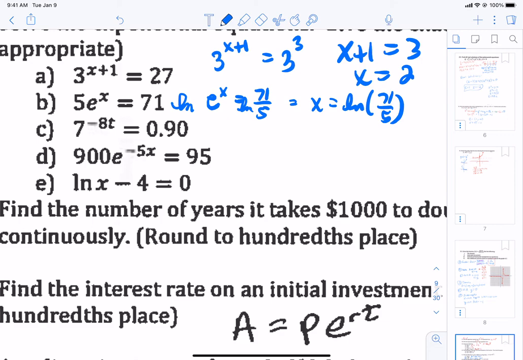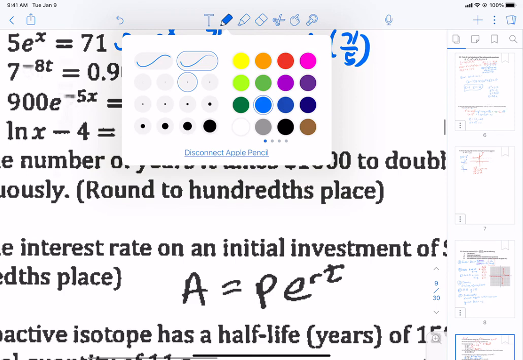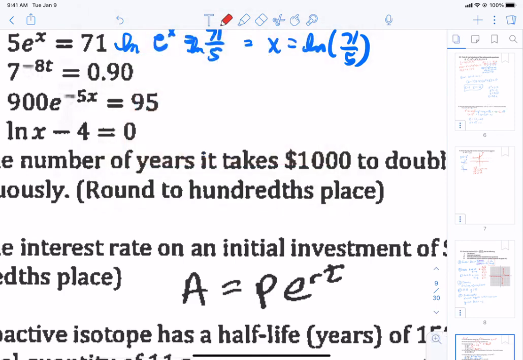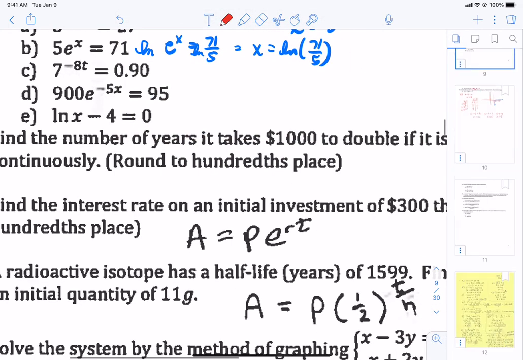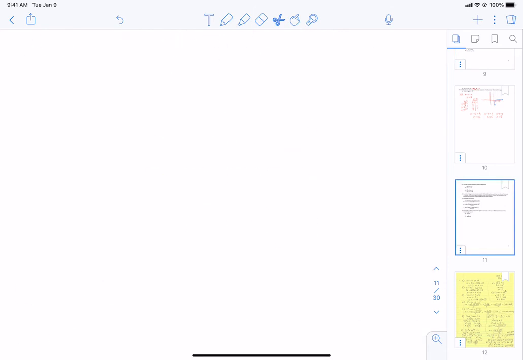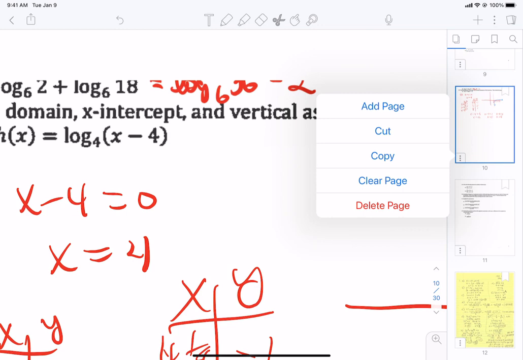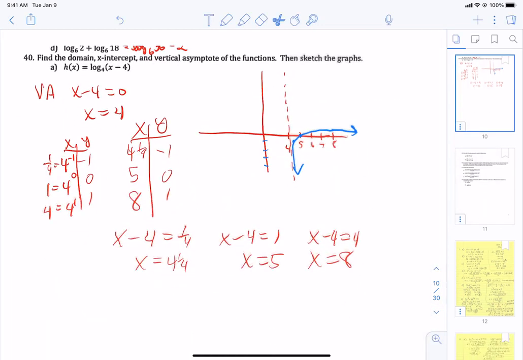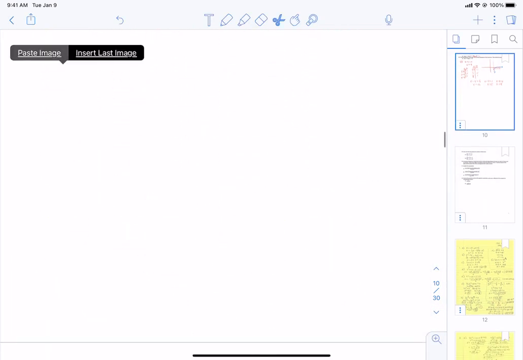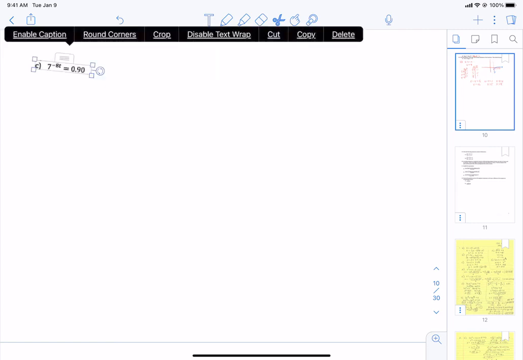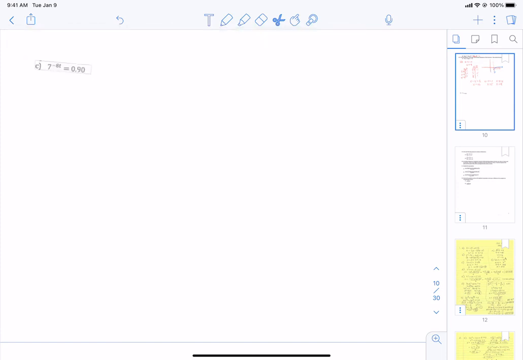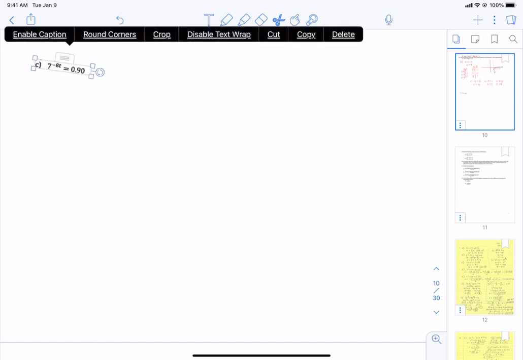Let's do C. I don't know if I have enough room here, but let's try. Well, let me write it down here. Sorry, it doesn't want to cooperate.